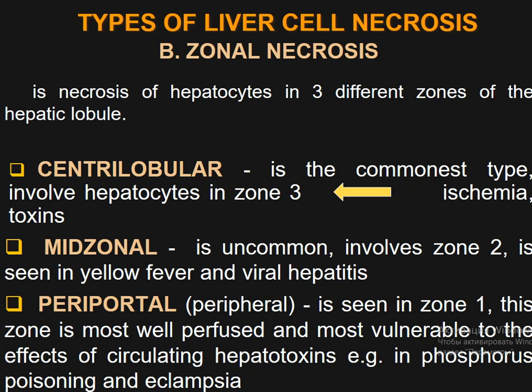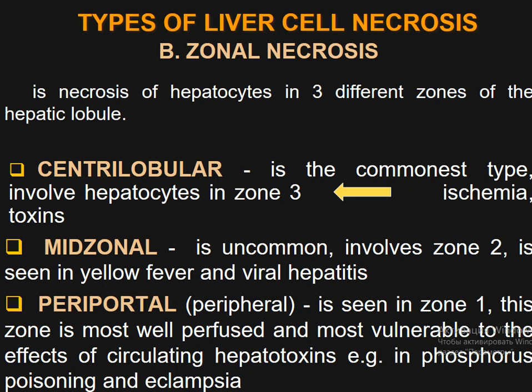Centrolobular necrosis is a characteristic feature of ischemic injury, such as in shock, for example, since zone 3 is farthest from the blood supply. Mid-zonal is uncommon, involves zone number 2, and is seen in yellow fever and in some viral hepatitis.